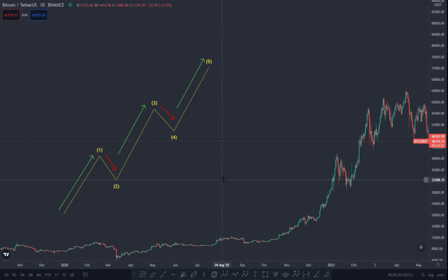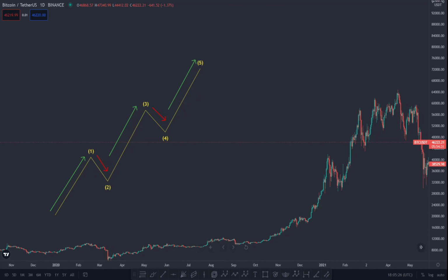After this impulsive move, typically we'll have our correction down, which is called the ABC wave. This is wave A, wave B up, and wave C down.